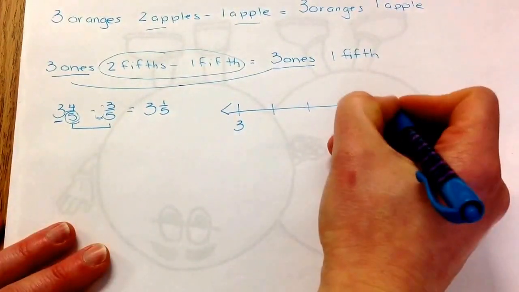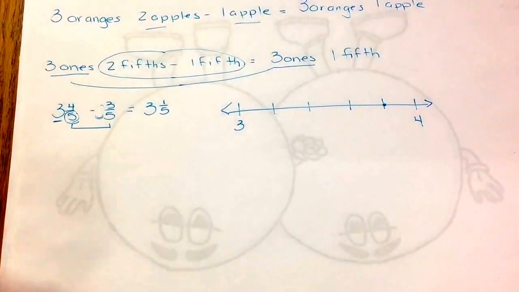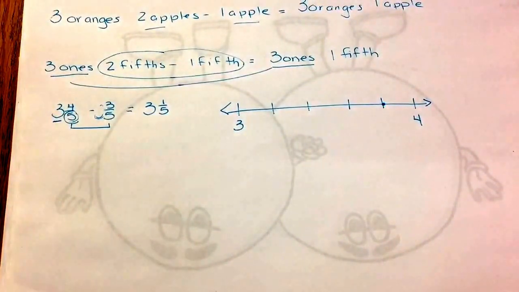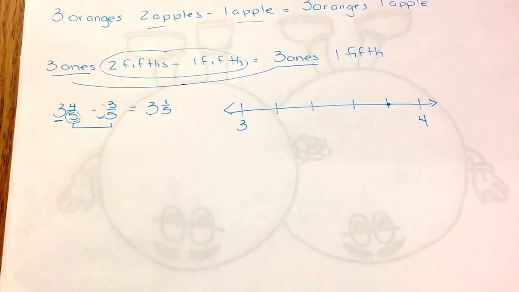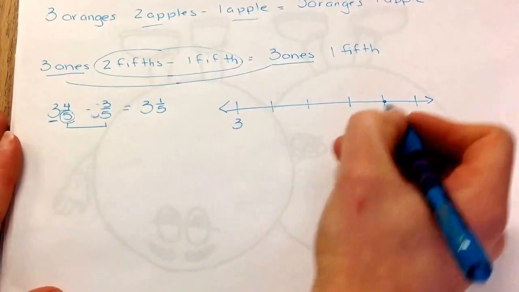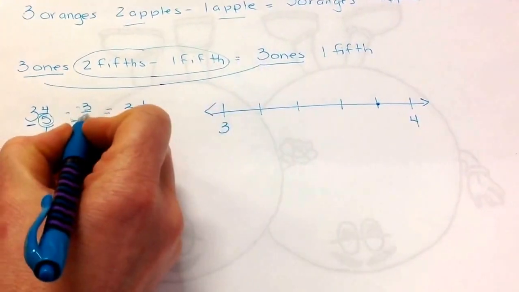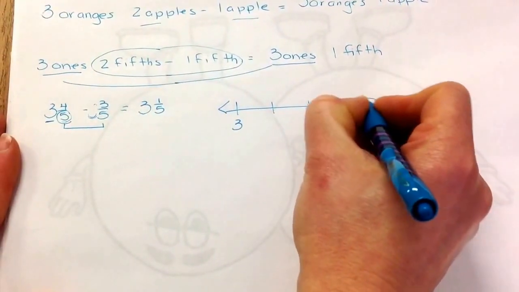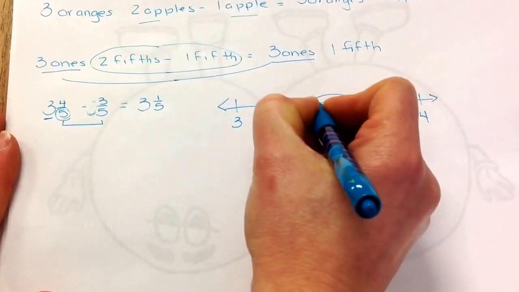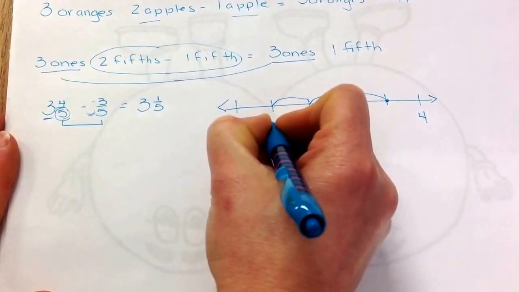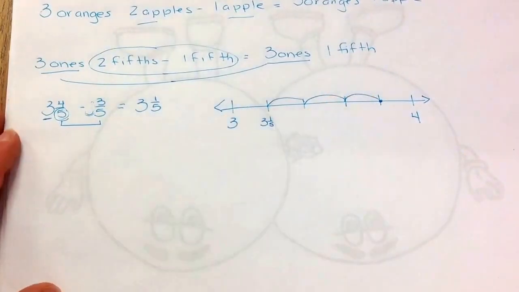And I'm going to mark 3 and 4 fifths. Go ahead and pause while you do that. So if you did this, you had 3 and 4 fifths, and you're taking away 3 fifths. So 1, 2, 3, which is the same as 3 and 1 fifth.